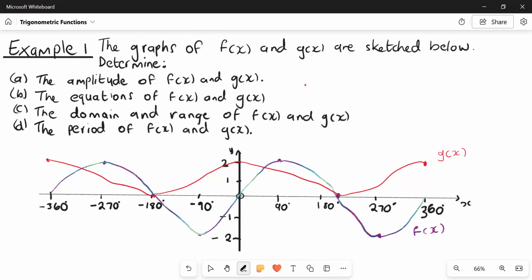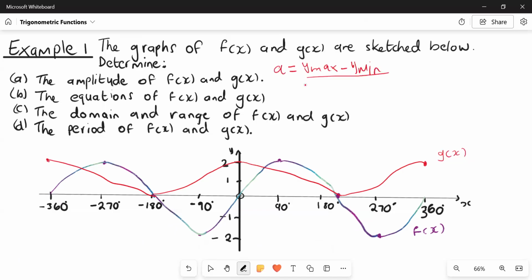So the amplitude is just, okay, A is equal to y max minus y minimum, ne? Divided by 2.